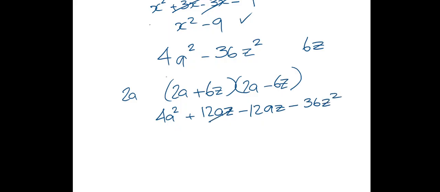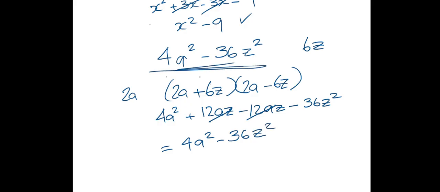The 12az's cancel, one is plus, one is minus, and we're left with 4a squared minus 36z squared, which is what we started with up at the top here.